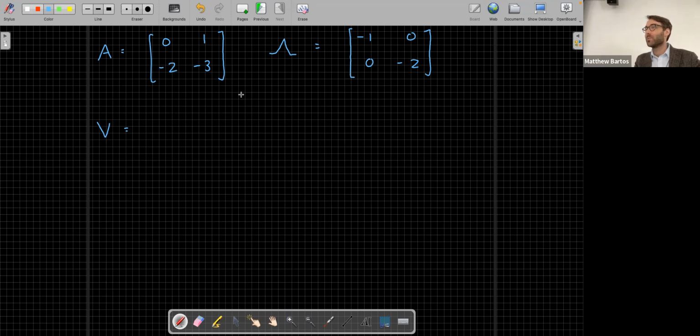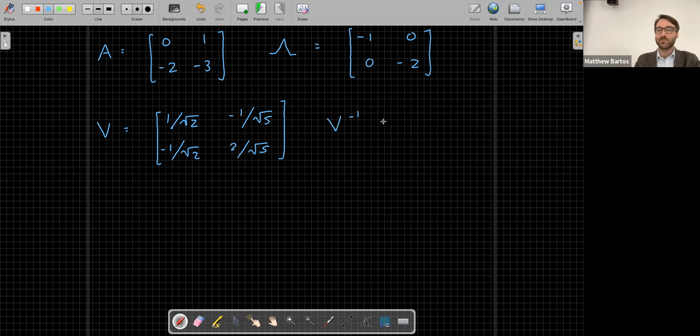We actually computed the V matrix already. I just didn't tell you what it was. If you go back to our previous class, we computed the eigenvectors of this matrix. The eigenvectors happen to be 1 over √2, -1 over √2 in the bottom left, -1 over √5, and 2 over √5.